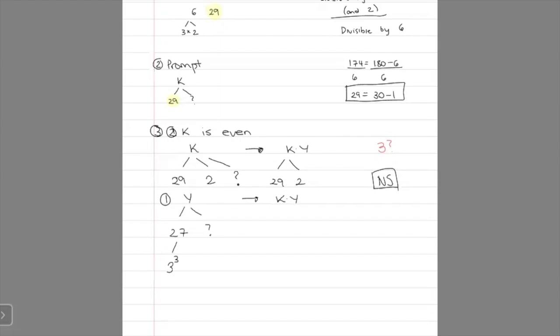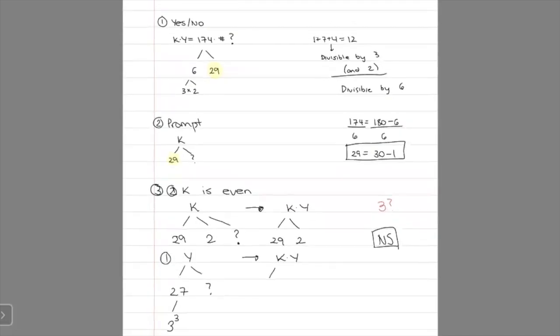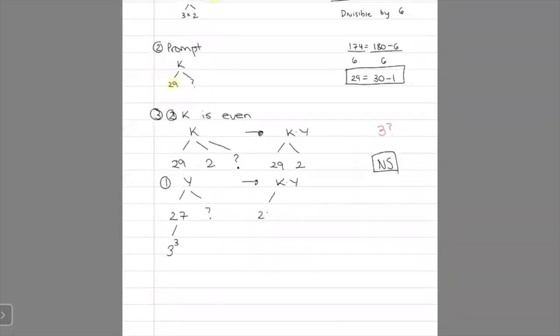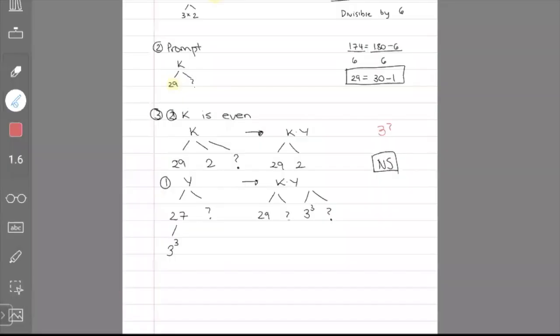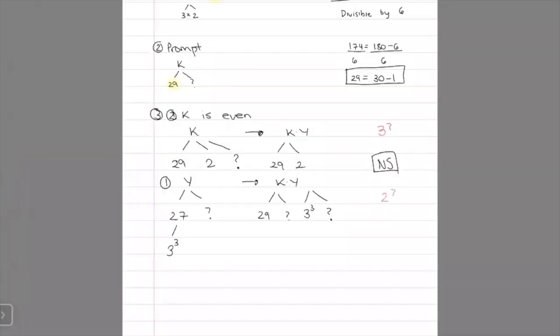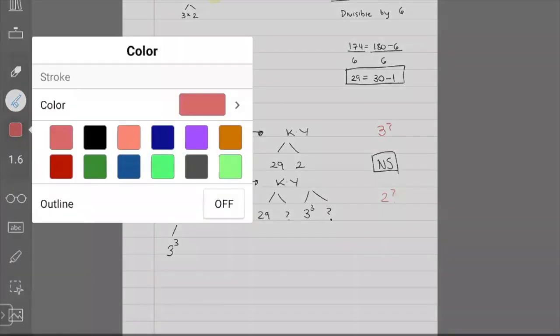We know that k has, from the beginning, a 29 and maybe something else. And then the y has a 3 cubed and maybe something else. So we definitely have a 29 and a 3, but now we don't know if we have the 2. For the same kind of reason, this is not sufficient, because it could still be a multiple if we also have a 2, but we just don't know for sure.